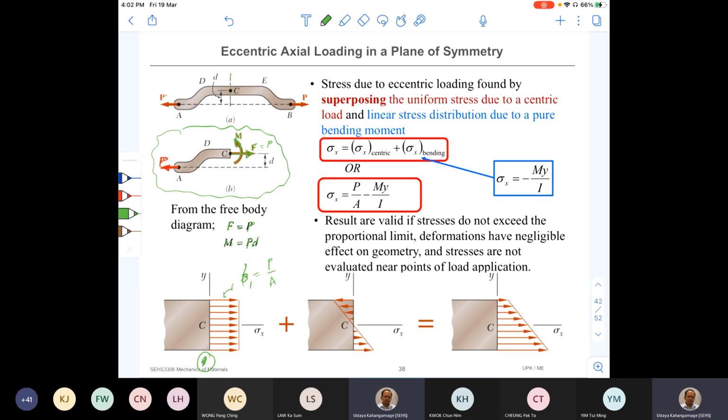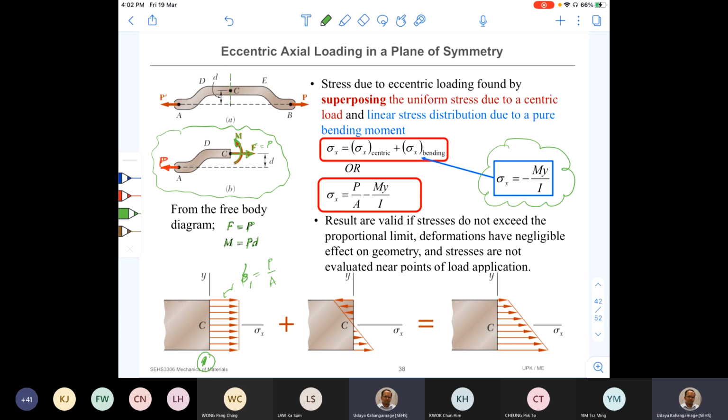It is uniformly distributed. And then there's an internal bending moment M. Internal bending moment M is going to create again axial stress. That axial stress we know how to find out using the bending formula. And this bending formula tells me that it is not a uniformly distributed load, but it is linearly distributed. So that linear distribution depends on the way the force is applied.